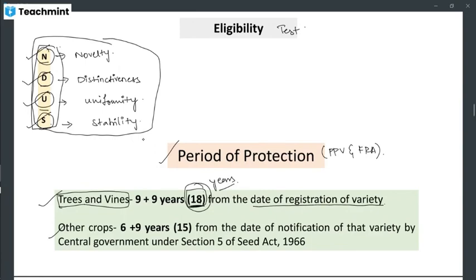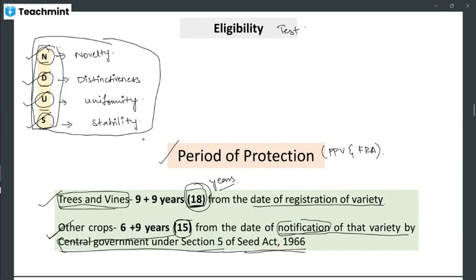Whereas in case of other crops, such as horticultural as well as agricultural crops, 15 years of protection period is given from the date of notification of that variety by the central government under section 5 of the CED Act 1966. So in case of other crops, you need to remember the whole statement: 15 years from the date of notification under section 5 of the CED Act 1966.